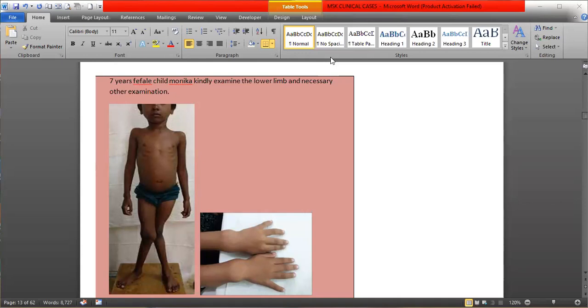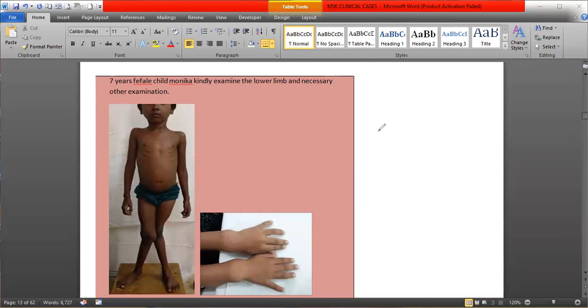But if the child is of older age group, most likely there will be bowing of leg, and if any parent has similar features with bowing of the leg, then most likely you are dealing with X-linked vitamin D resistant rickets. That is the key basically.